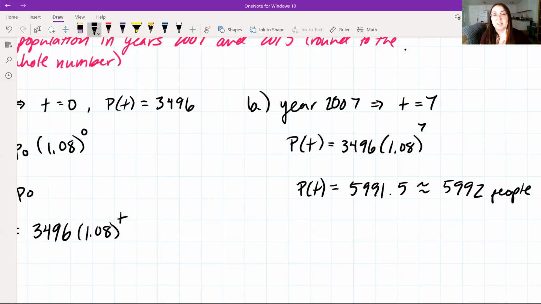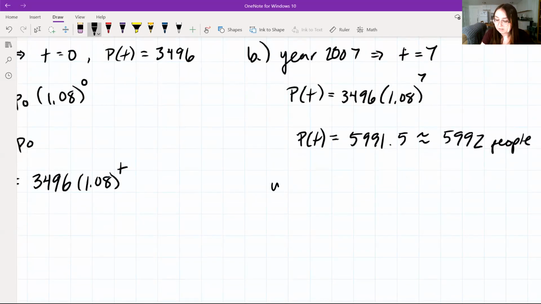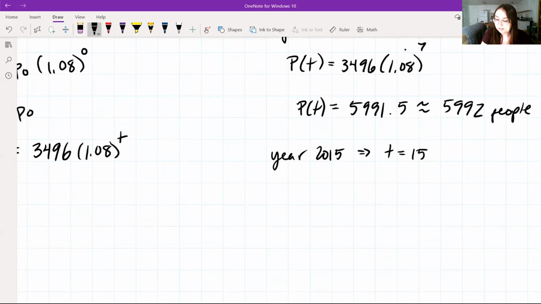Now we want to solve for the year 2015. So we can do the exact same thing as we did before. Now the year 2015, we know that that corresponds with the value of t equaling 15. So we calculate the same equation.